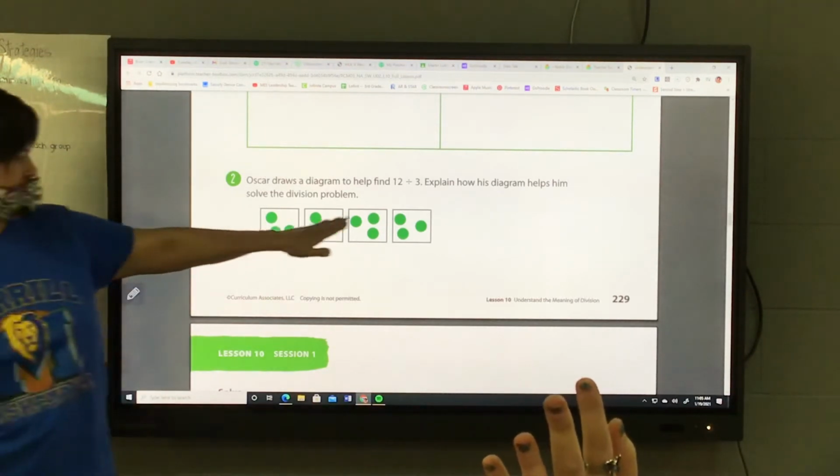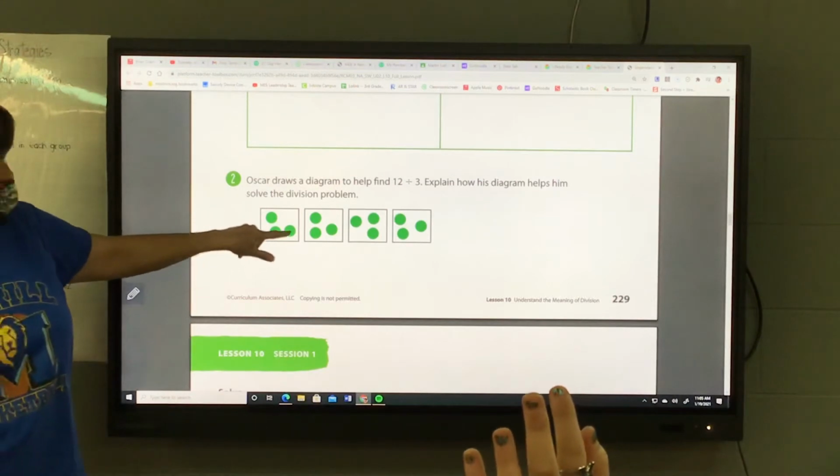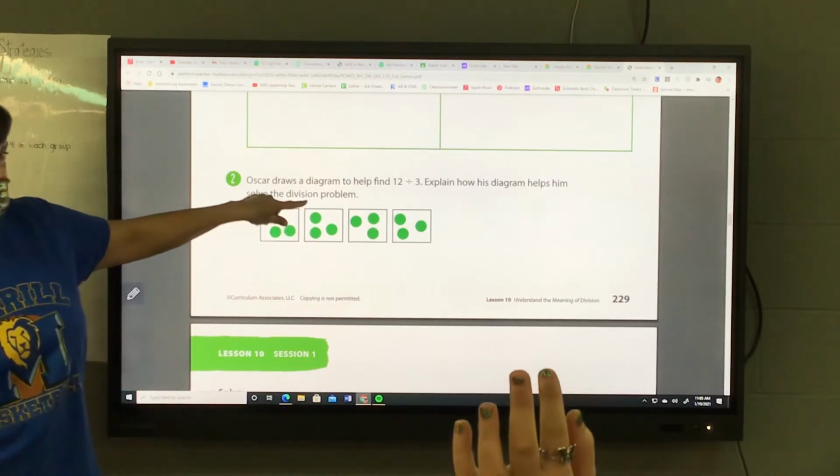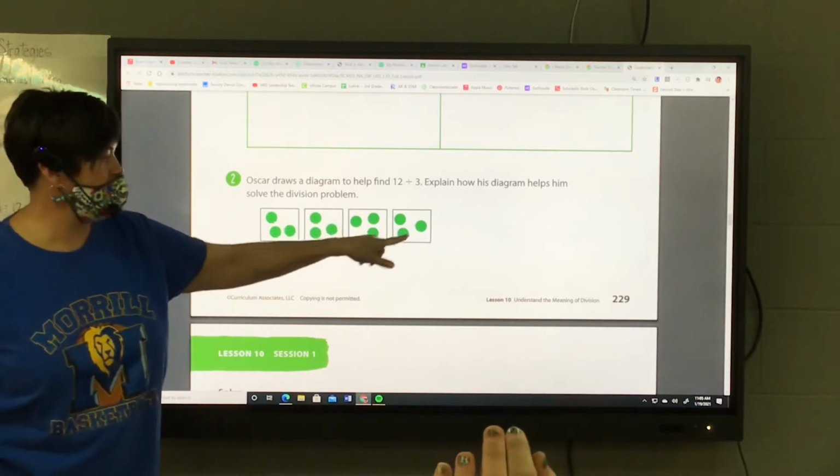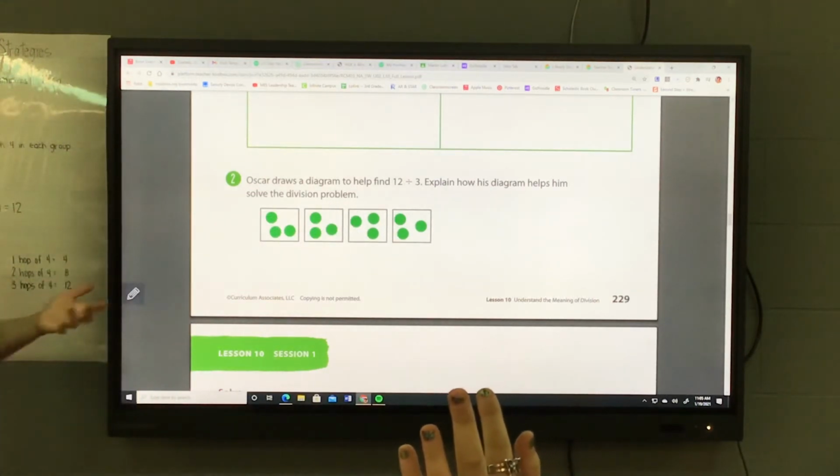Are there 12 objects here? 3, 6, 9, 12. Okay, so there are 12.